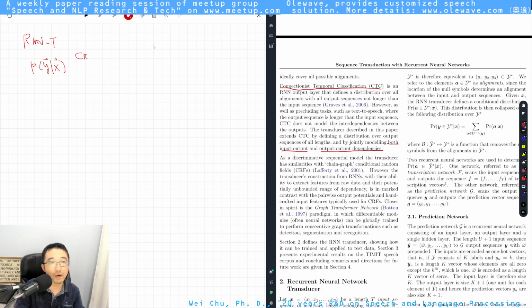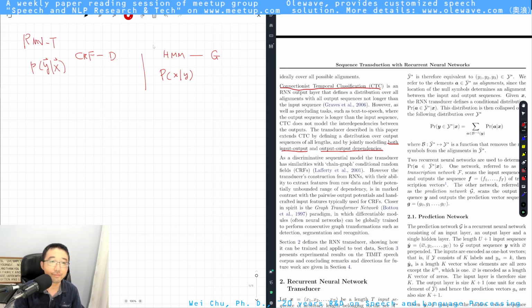When you talk about CRF, you have to mention HMM. The CRF is a discriminative model. I use a D to represent discriminative. And HMM is a generative model. It tries to model the probability of X given Y. X is the observation or a feature, and Y is the hidden variable.